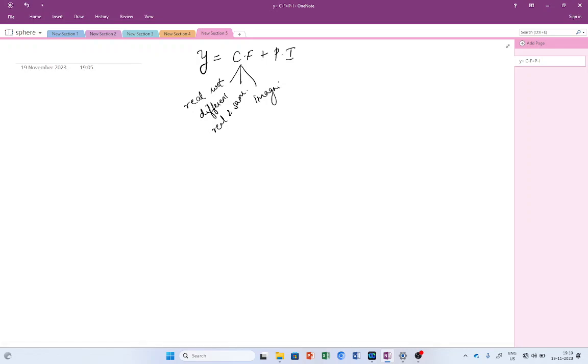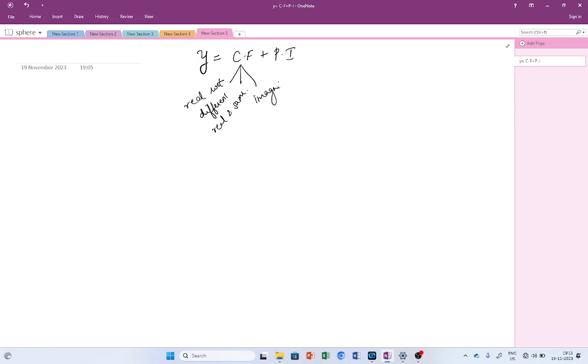The complementary function doesn't change. But here, the way of finding a particular integral will change. So before seeing how the particular integral will change, first, where do you use this method of variation of parameters? This method can be used only for an ordinary differential equation of order 2.